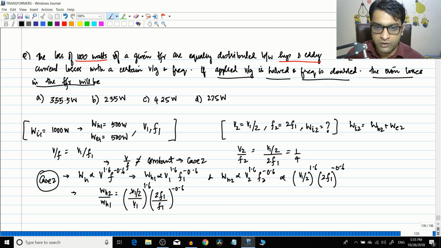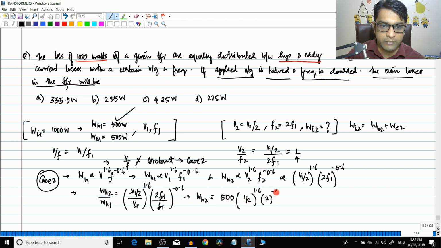So the common terms cancel, and we finally get that WH2 is equal to WH1, which is 500 watts, into 1 by 2 raised to 1.6 into 2 raised to minus 0.6. If you calculate, this value will be 108.82 watts.